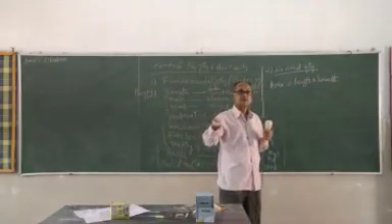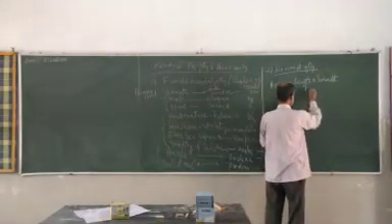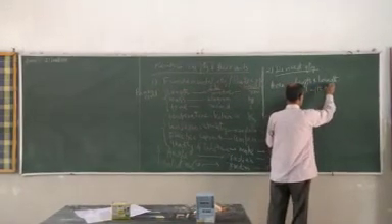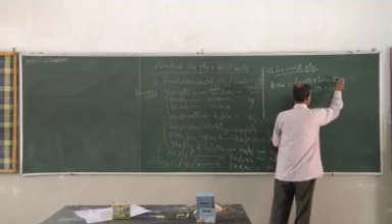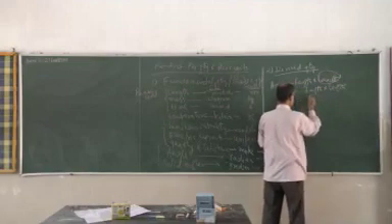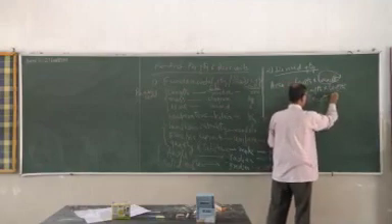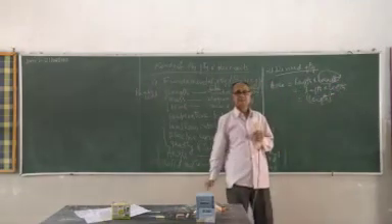Breadth is also a kind of length in its own meaning. That means it is length into length, because breadth is also nothing but a length. That's why you get length to the power 2 if you take length as a variable.